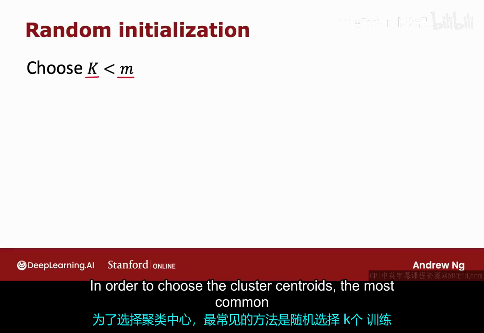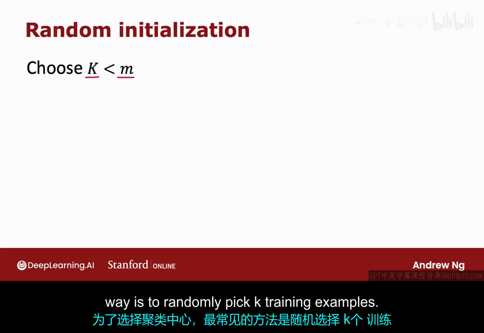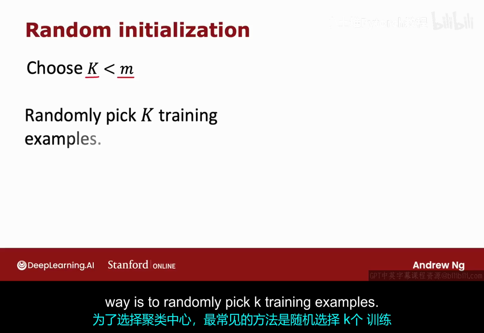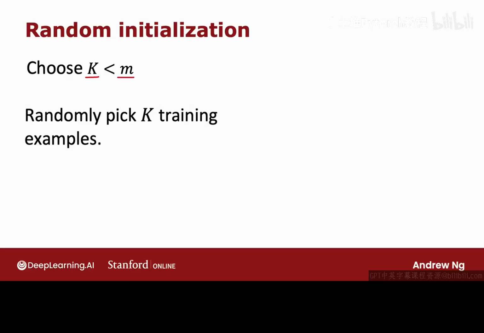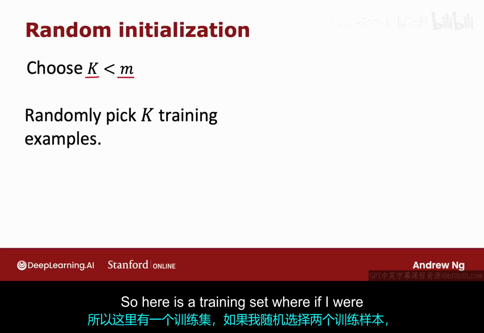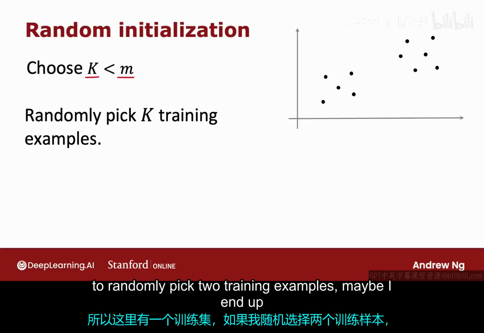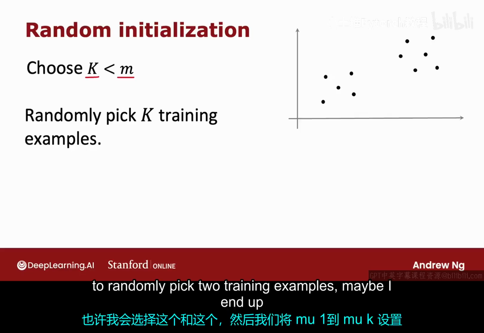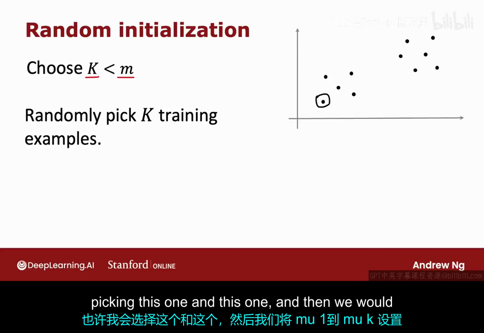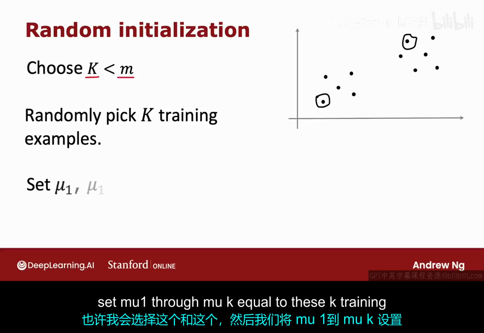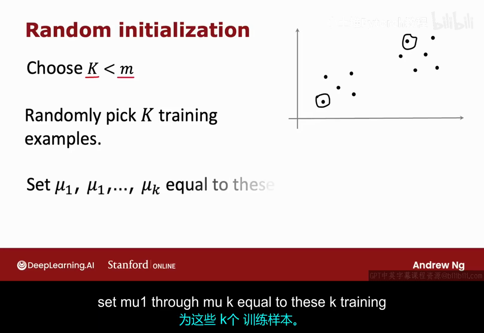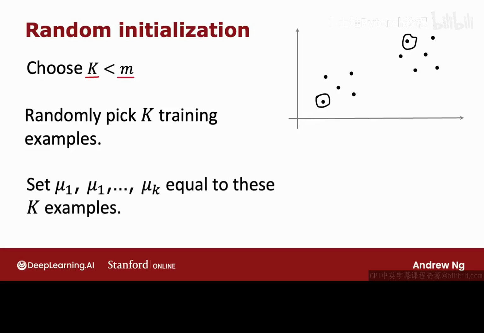In order to choose the cluster centroids, the most common way is to randomly pick k training examples. So here is a training set where if I were to randomly pick 2 training examples, maybe I end up picking this one and this one. And then we would set mu1 through mu-k equal to these k training examples.